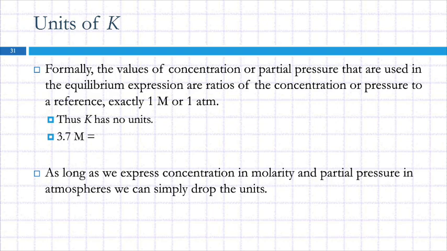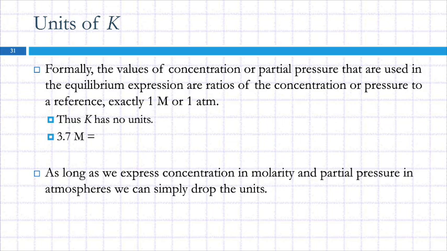So what about units on K? Because we're taking molarities and multiplying them and dividing by molarities. But they're going to be different for different types of reactions, right? Some of them, all the molarities would cancel out, but others, you could end up with moles to the negative third or something.